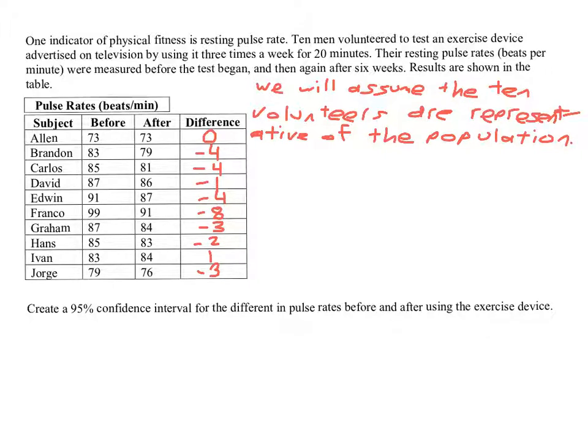Second condition is either satisfied by the CLT. That won't work for us because we only have 10 pairs of data. So looks like we're going to have to use one of the plots. So I'm going to use the normal probability plot, and I see a diagonal straight line.